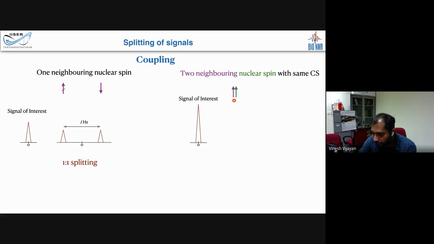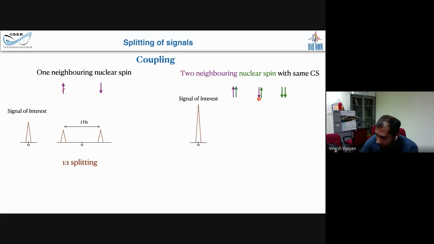Both of the neighbors are in the up state. That is one possible orientation. Now both of the neighboring partners will be in the minus half state, or down state. These are MS values, minus half states. Then there are two more possibilities.